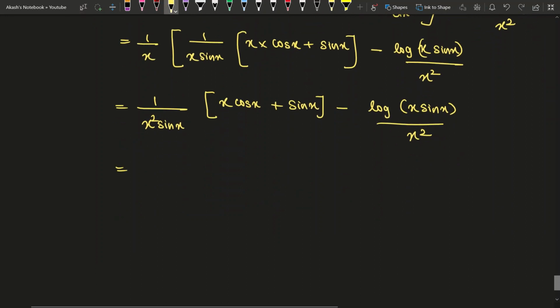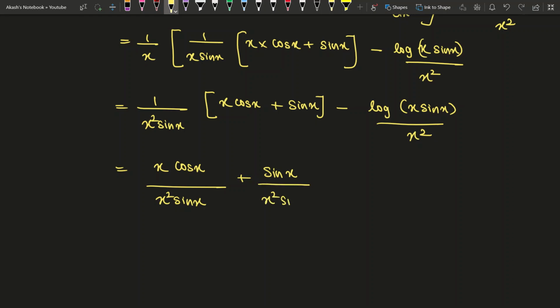So if you open up the bracket, you will be getting x cos x divided by x square sin x plus sin x divided by x square sin x minus logarithm of x sin x divided by x square.